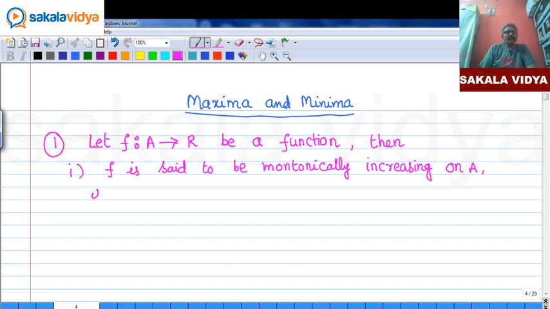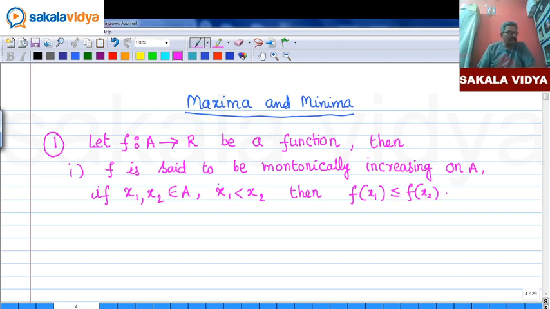If x1, x2 belongs to A, x1 is for example less than x2, then f of x1 is less than or equal to f of x2.